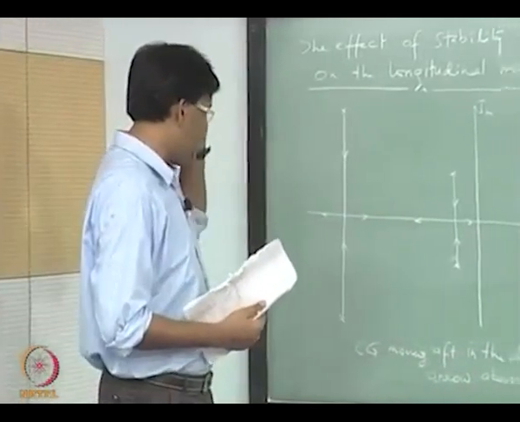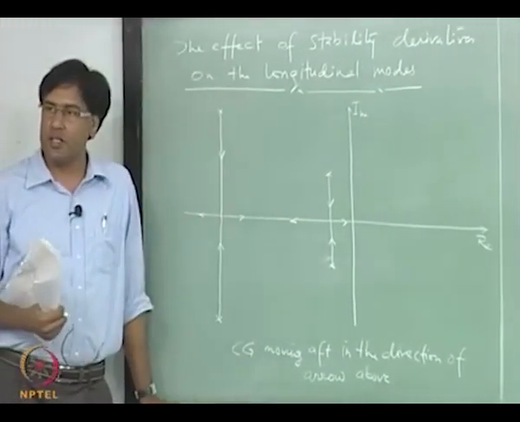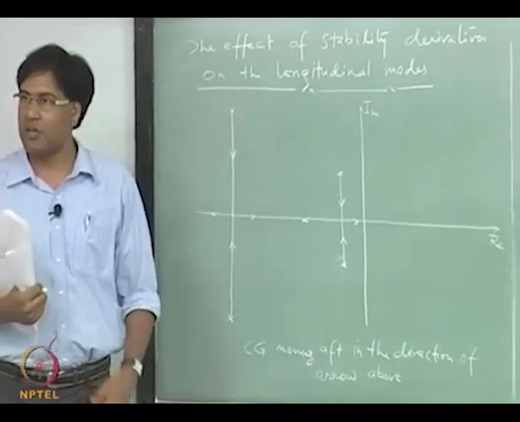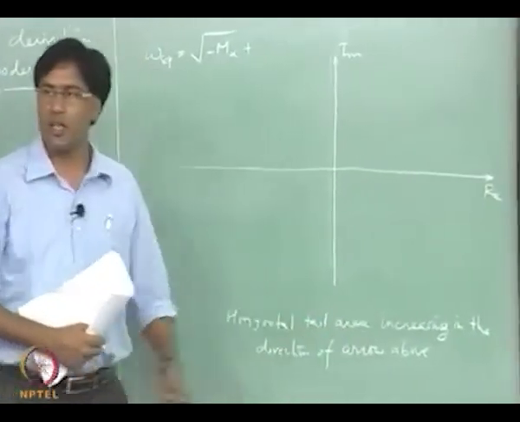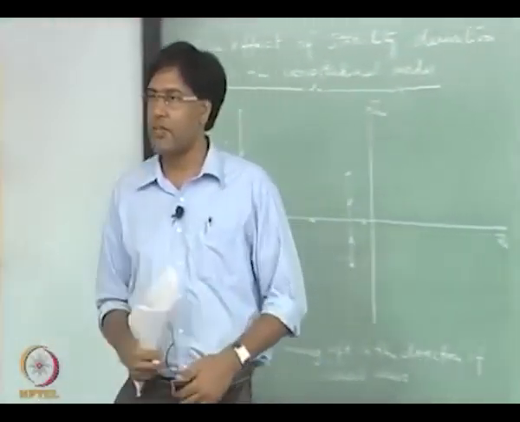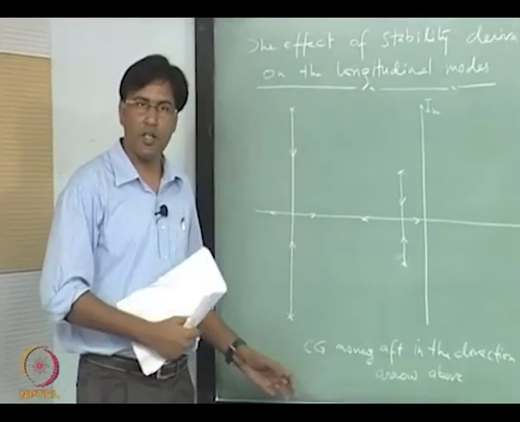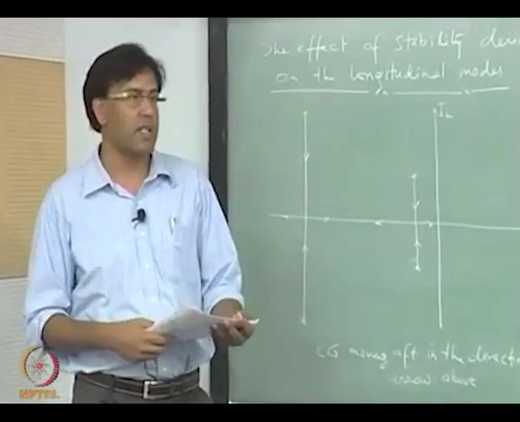So, here I am showing you the effect of those parameters on these two eigenvalues which are still under control, right. You can design your horizontal tail area, you can make it bigger or smaller, and you can change the CG definitely, because you can have dead weight inside your aircraft which can be moved to change the CG.